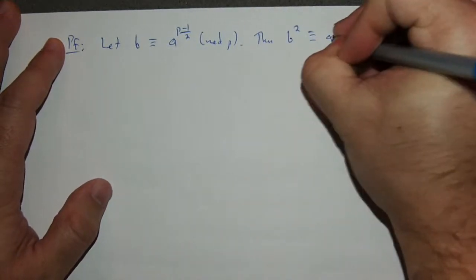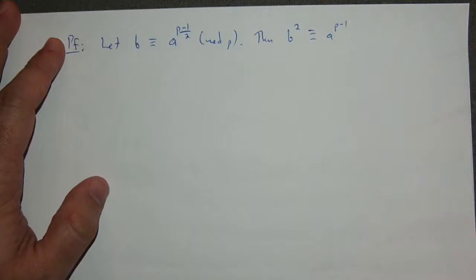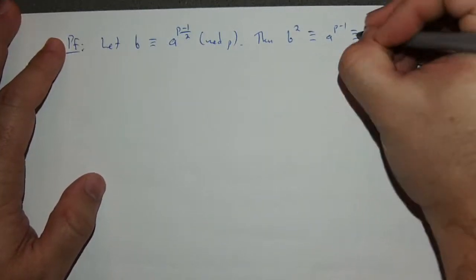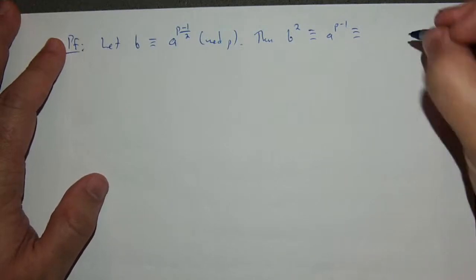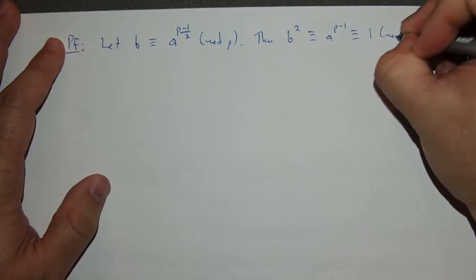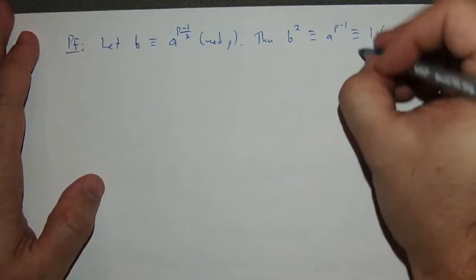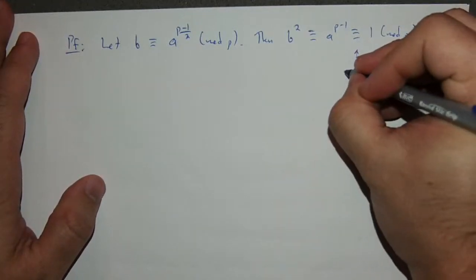But by Fermat's little theorem, this is congruent to 1 mod P. So this congruence, of course, is Fermat's little theorem.